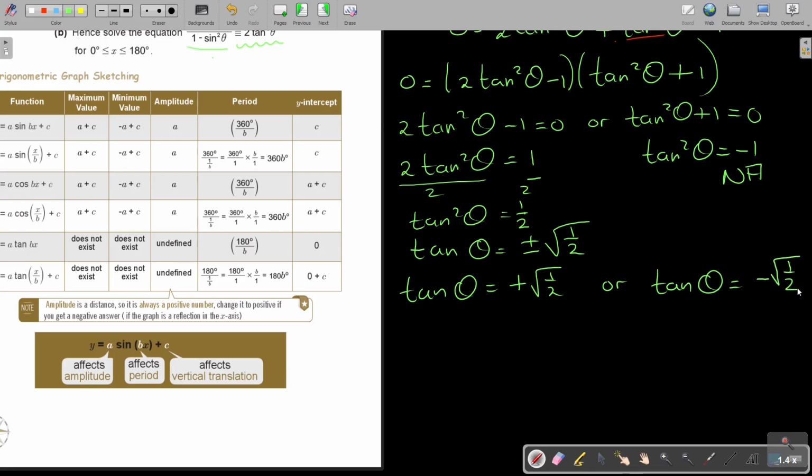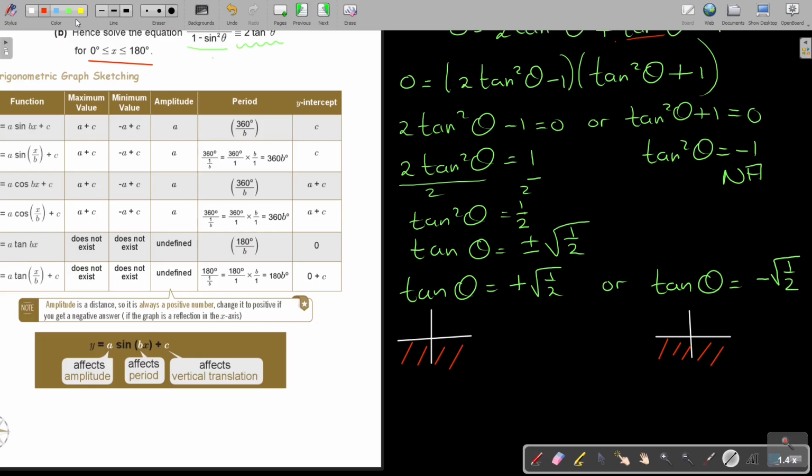Okay, and basically I'm just going to make two CAST diagrams. Let's just quickly do that. This is my one, this is my other one, and again, can you remember, it's only 0 to 180, so I'm blocking out the rest. Okay, and then how do I press on my calculator?